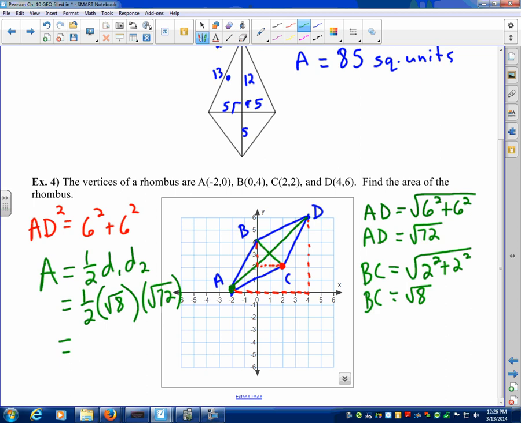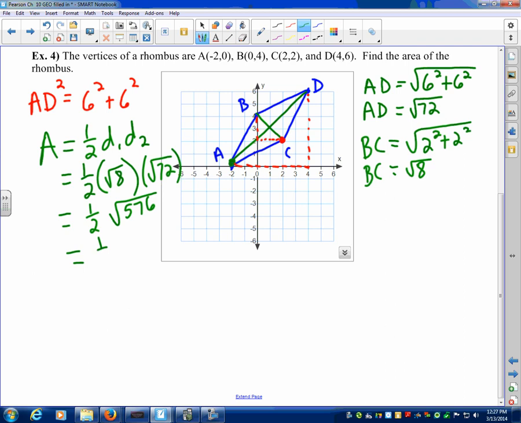It's 576, and then you take the square root of that, which is 24. Then you take half of that and get 12 square units.